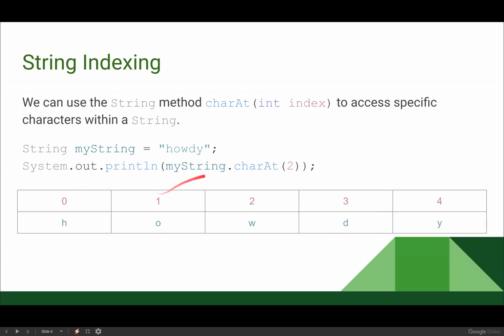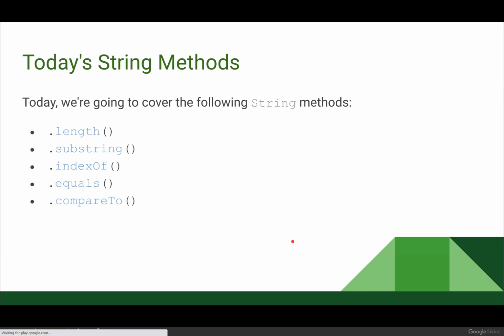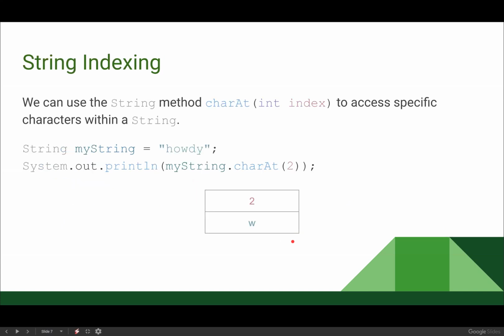So if we look, 0, 1, 2, we're going to get W. We're going to print W. So does that idea make sense? How we can index strings and find a specific character. Cool, right?